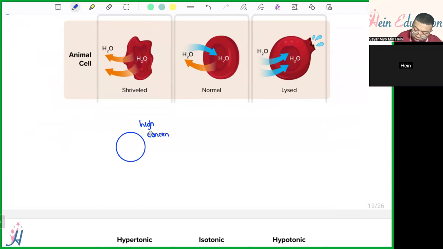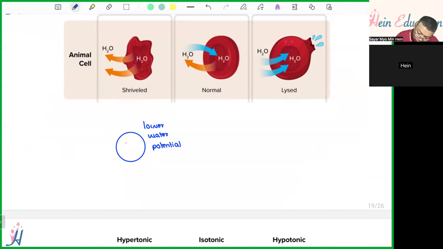High concentration, or we can say lower water potential than the cells. According to the osmosis theory, water will move from higher water potential to lower water potential.